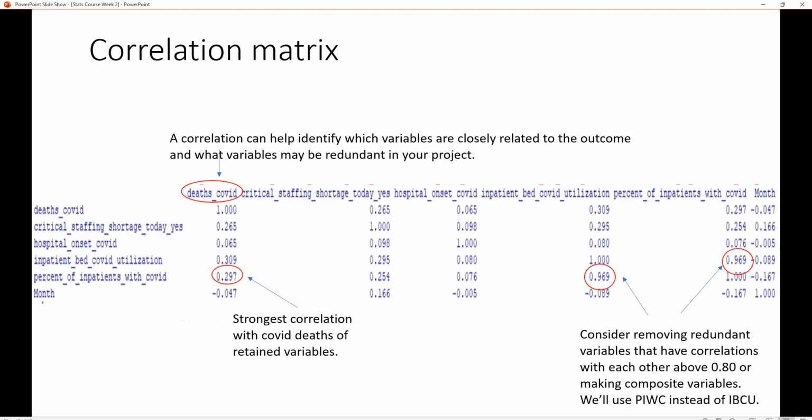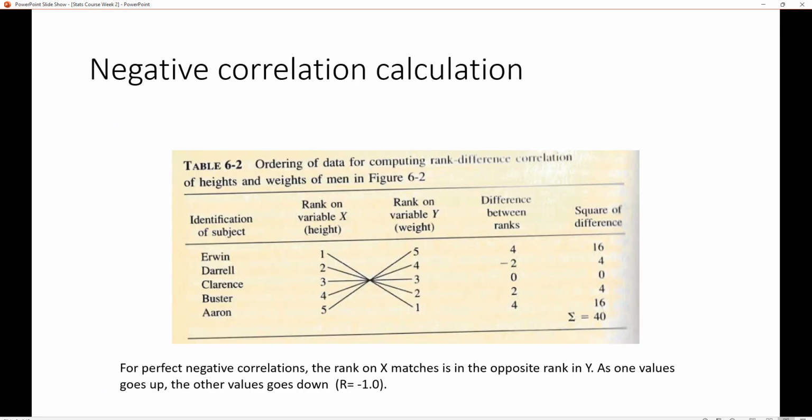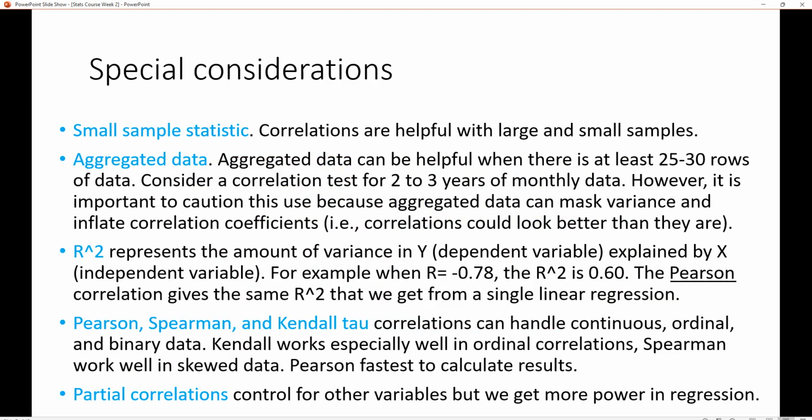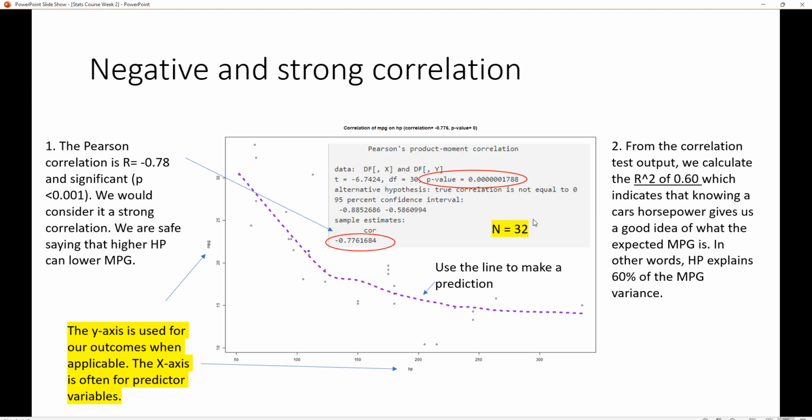So in this session we covered correlations, scatter plots, predictions, and variance explained. If we have an idea what that relationship is, we can use the correlation line to give us an idea of what our predicted values might look like.